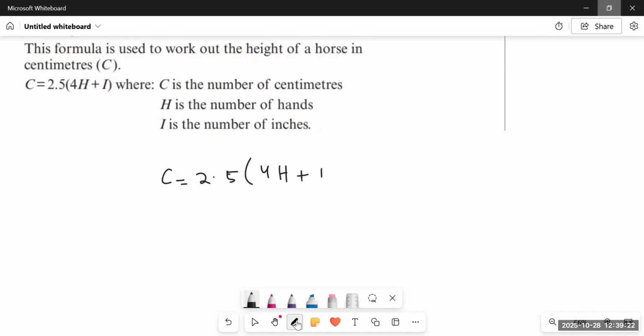So what are we supposed to do? We take the number of hands, multiply it by 4, and add the number of inches. Whatever answer we get, we then multiply it by 2.5.